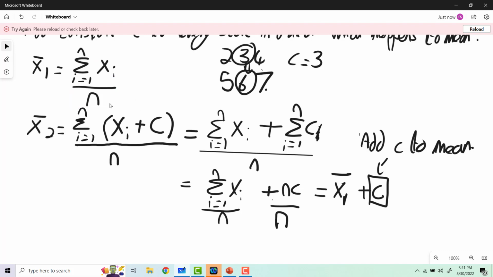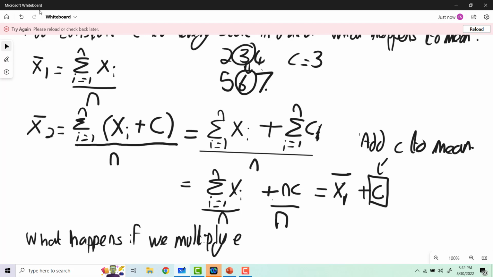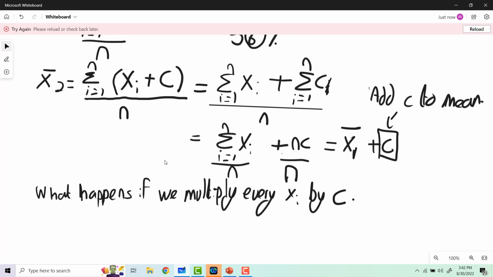But now, what happens if we multiply every xi by c? So it's the same as before, but this time we're multiplying.